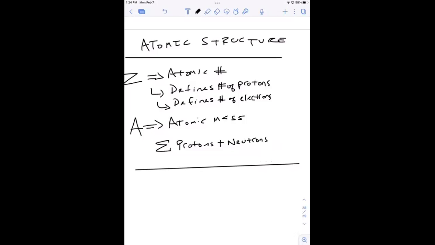What if we had the atomic mass and the atomic number, but we didn't know the number of neutrons? Could we solve for it?